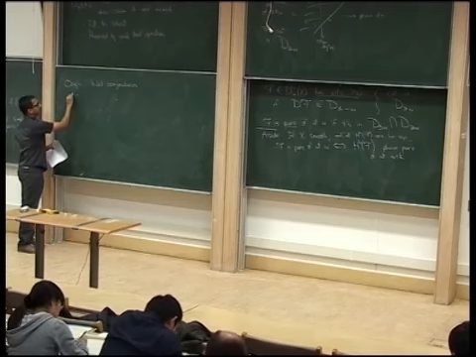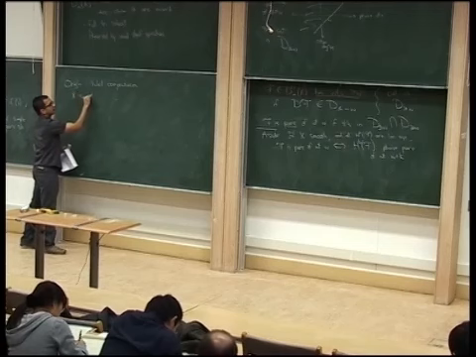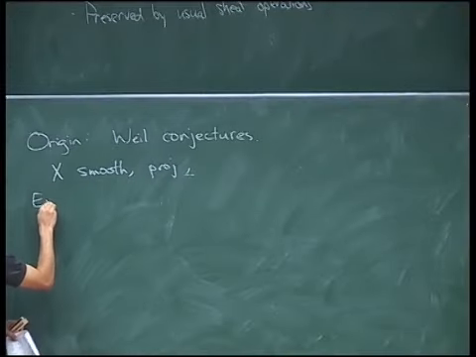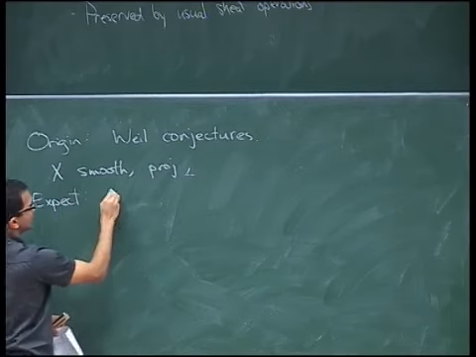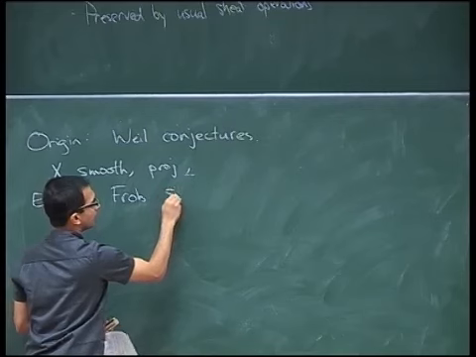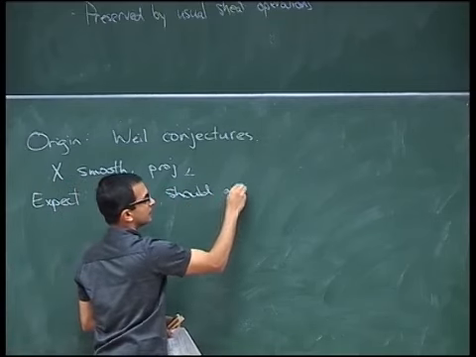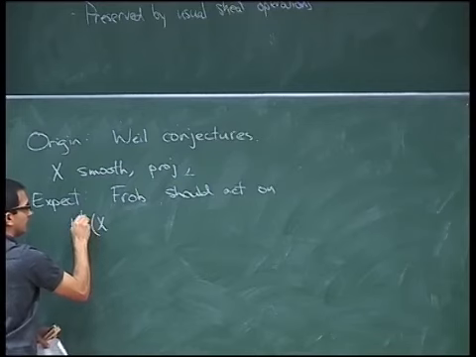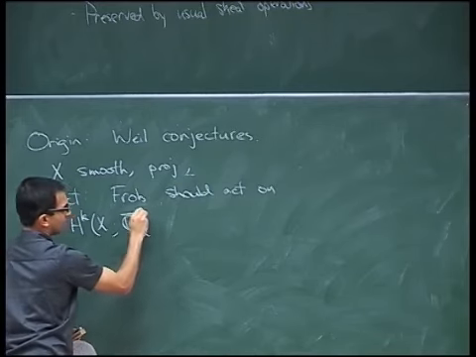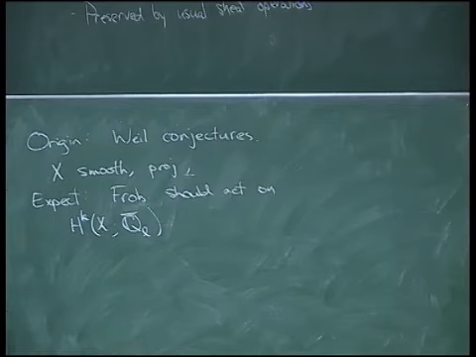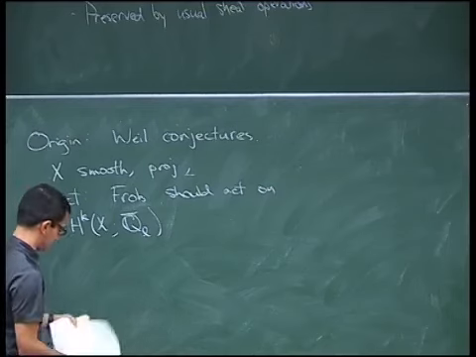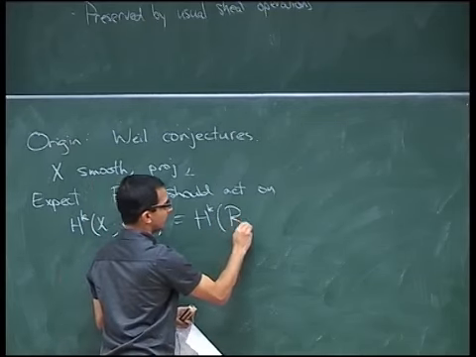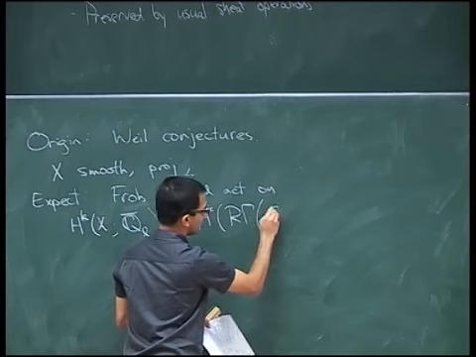For X smooth and projective, the expectation was that the Frobenius should act on the cohomology of X, by which I mean sheaf cohomology, the l-adic version of singular cohomology, so really the kth cohomology of derived global sections of the constant sheaf.